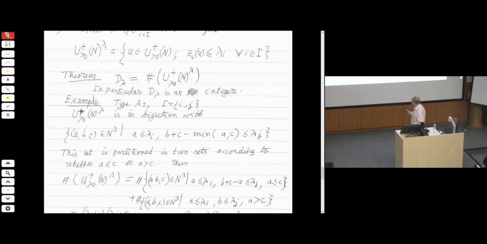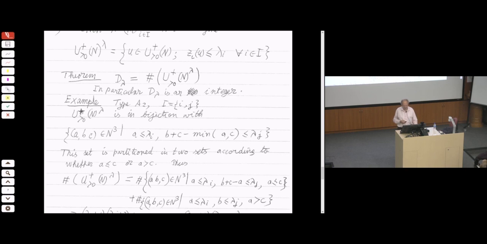Then this set can be identified with a subset of N cross N cross N, three copies of N, and the conditions are: one condition is that this a should be less than lambda i, but there's another condition which says that after you write it in the second form, corresponding to the other reduced expression, the first coefficient of that should also be less than lambda j, and that coefficient is basically b plus c minus the minimum of a and c.